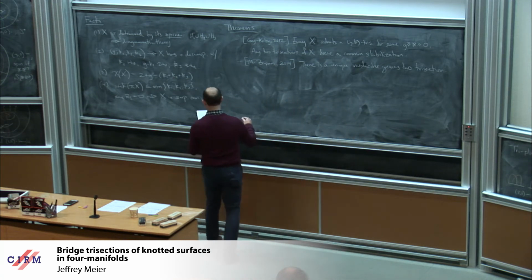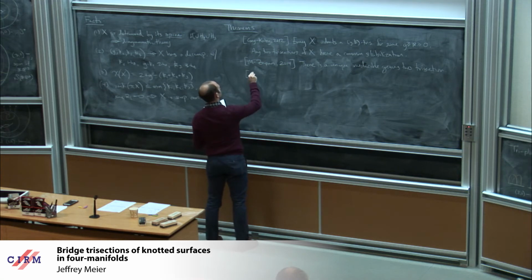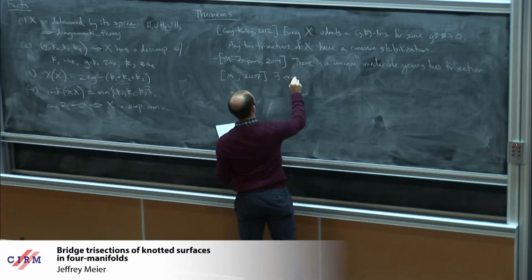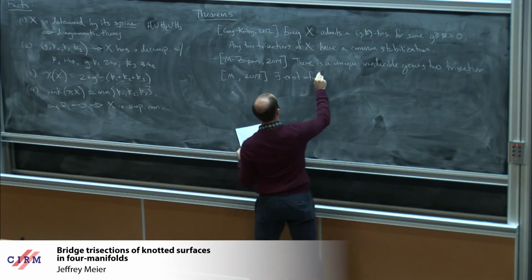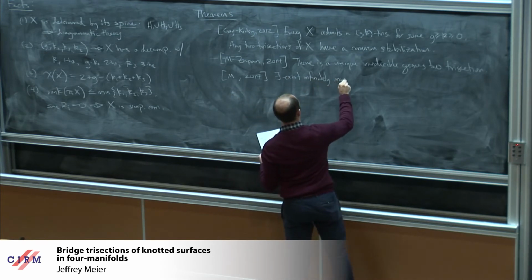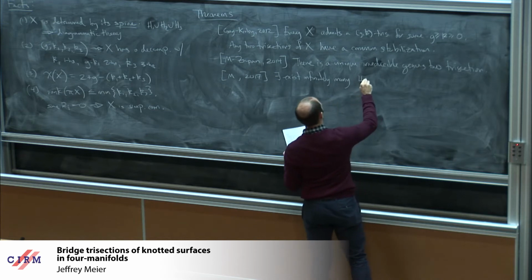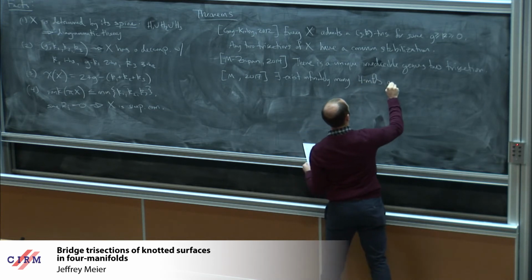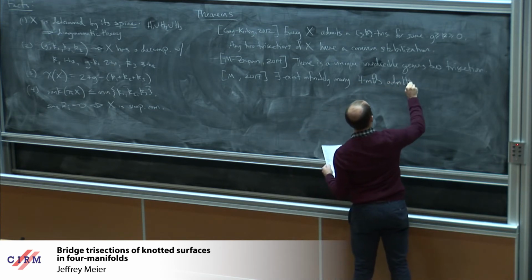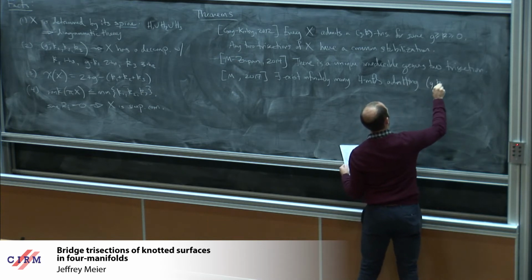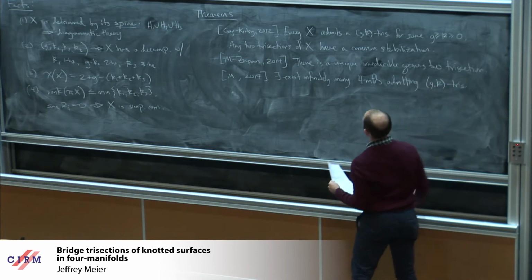Okay, I think then the last thing I'll mention is a recent result of mine from last year, which says that there exist infinitely many distinct four-manifolds admitting (g,k) trisections, for each. I should have said distinct in here somewhere.